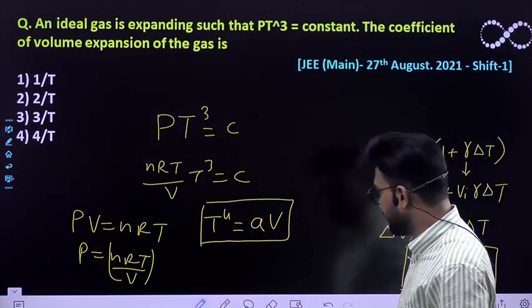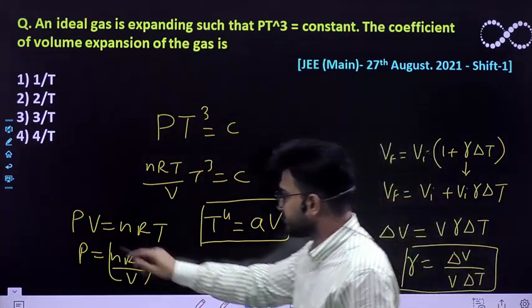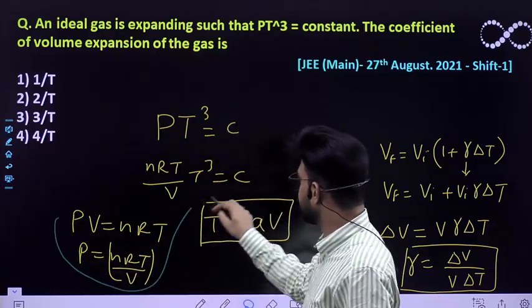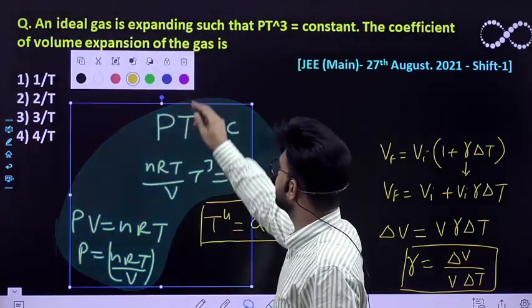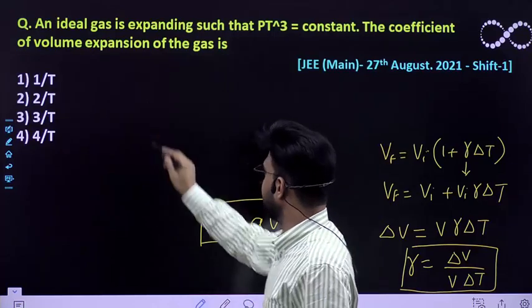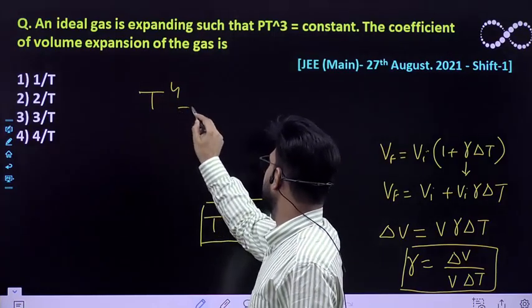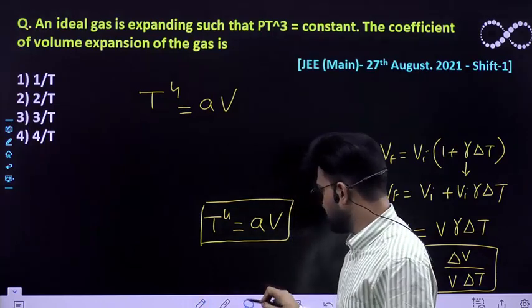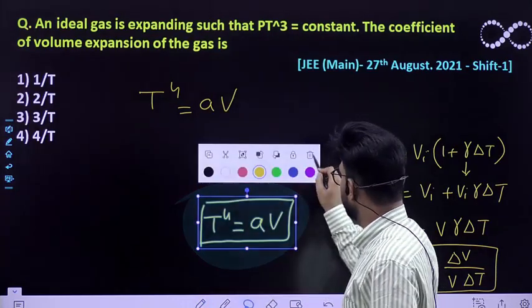Now we will be further solving it. So we have T to the power 4 must be equal to a constant into V. This is the expression that we are getting.